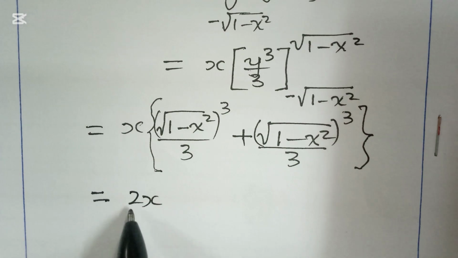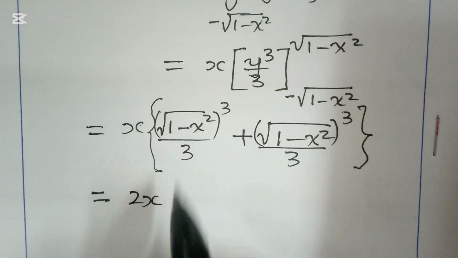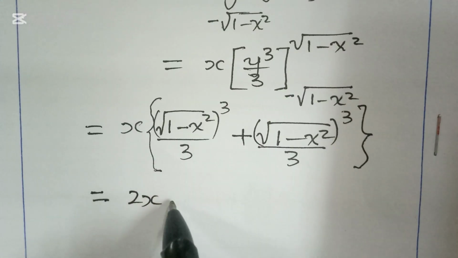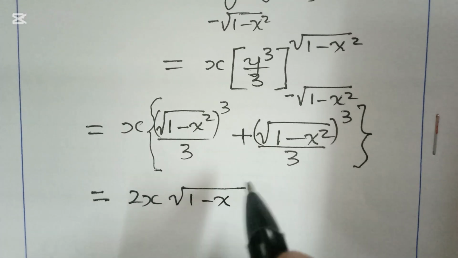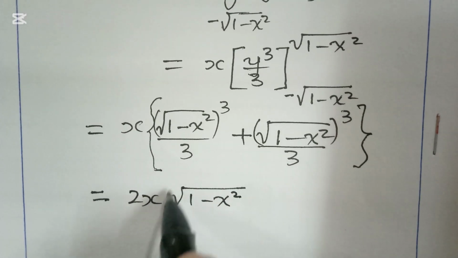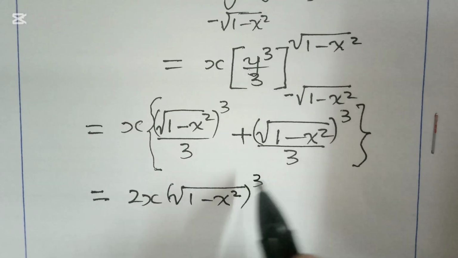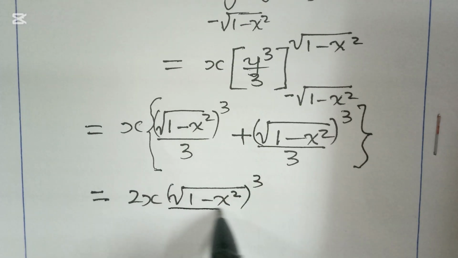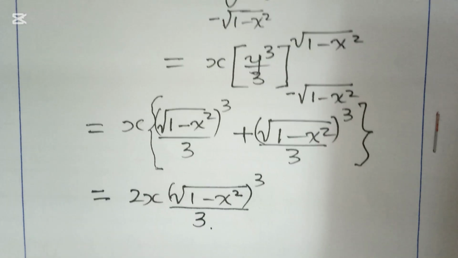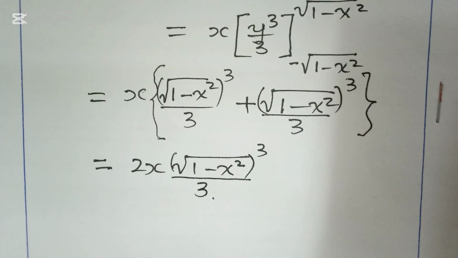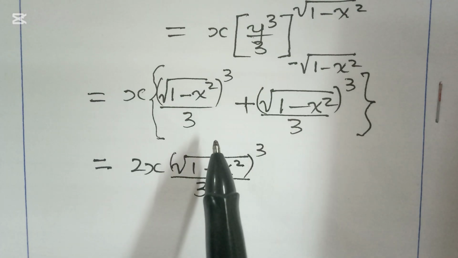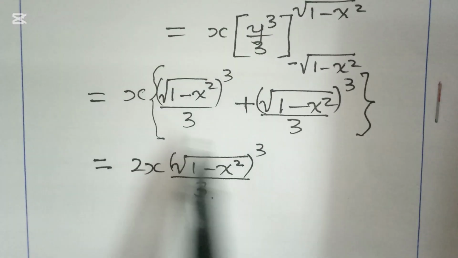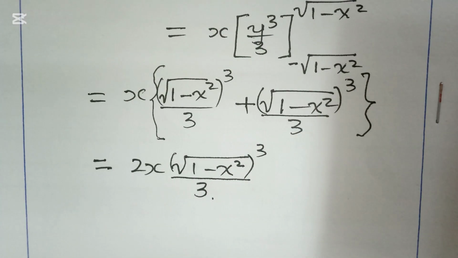The 2 represents these two, and then we write one of them: square root of 1 minus x squared raised to 3, all over 3. I hope you understand that, because this is like saying a plus a, which is 2a, and this is our a. From there we continue.